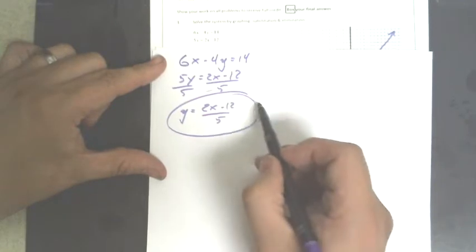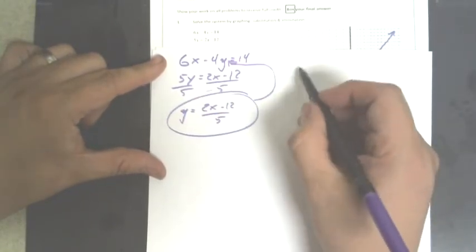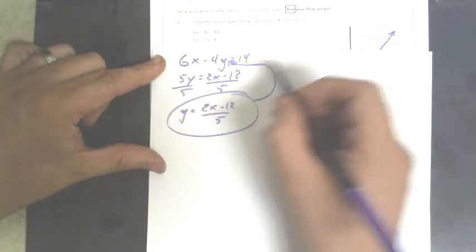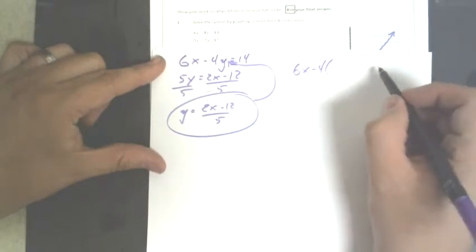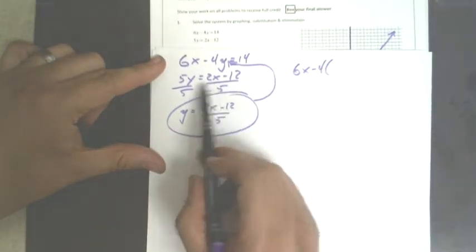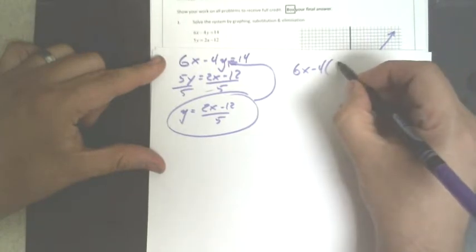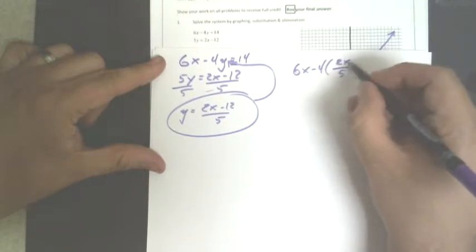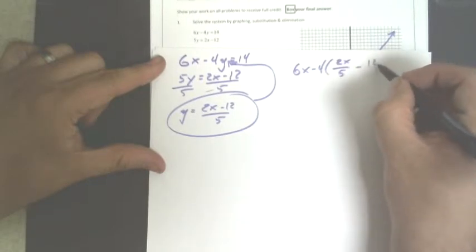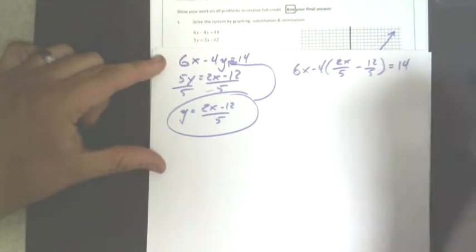So once you have that, you plug it back in for the y in the other equation. So this equation says that 6x minus 4y should equal 14. But we use this one to say y should equal all this stuff. So y should be, if you don't mind, 2x over 5 minus 12 over 5. It'll just make it a little easier to work with, equals 14.